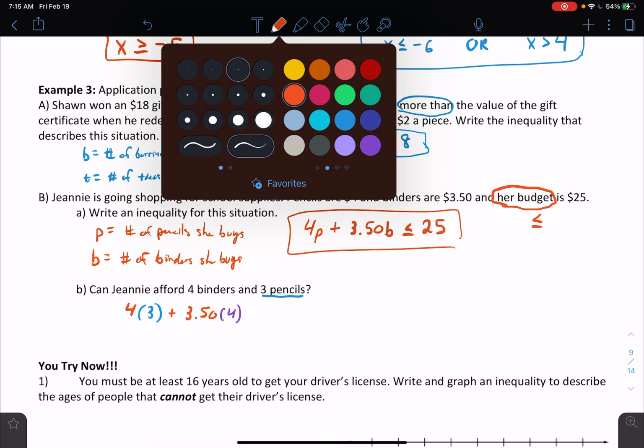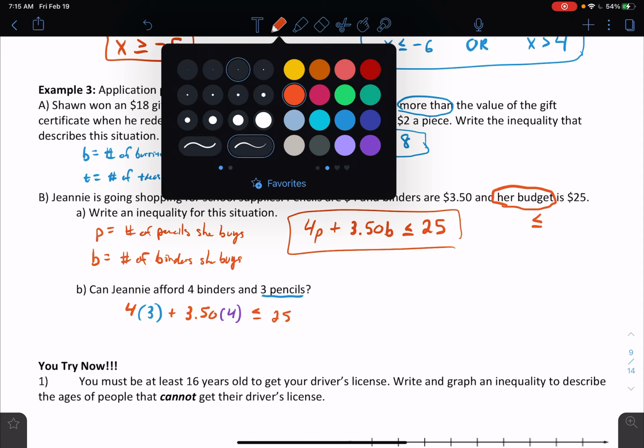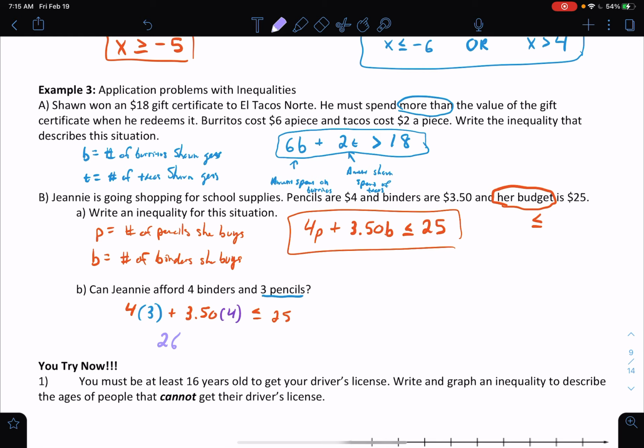Is this less than or equal to 25? If I simplify the left-hand side, 4 times 3 is 12, and 3.5 times 4, plugging into my calculator, I get 14. So 26 is less than or equal to 25. Is that true? No, that's not true.